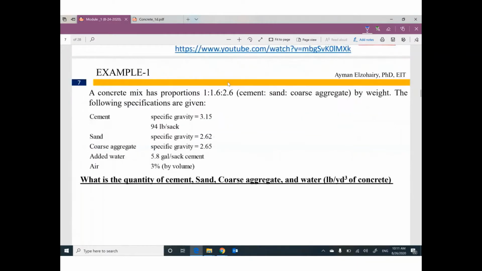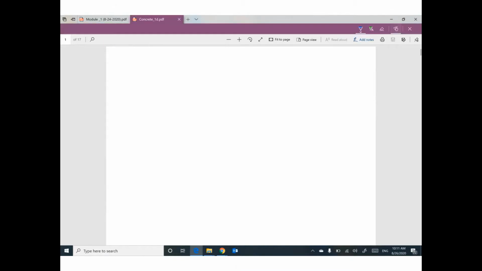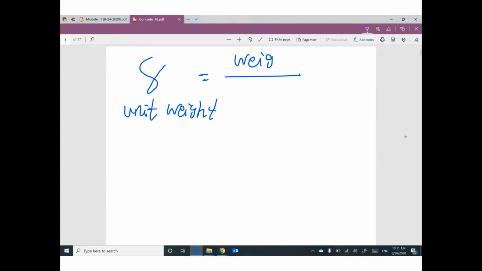Okay, just to remind you of something I covered in another course called hydraulics. Do you remember the hydraulics course? Do you remember something called gamma? Gamma is called unit weight, equal to weight divided by volume.